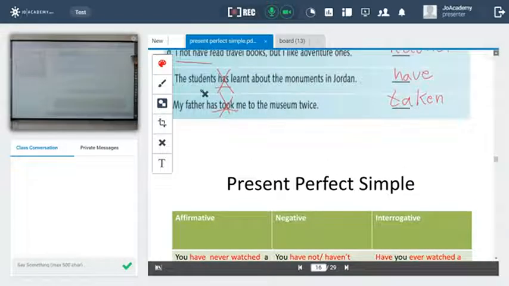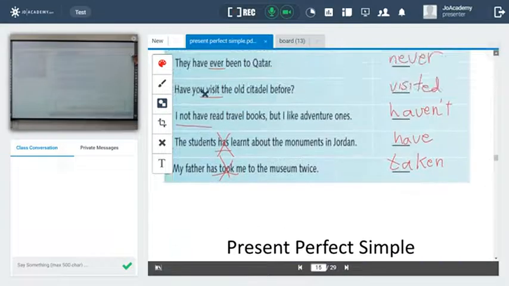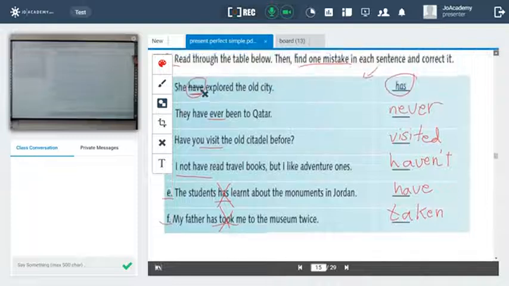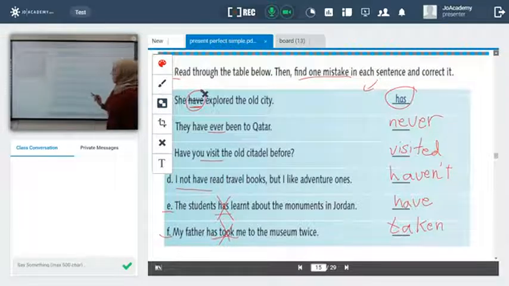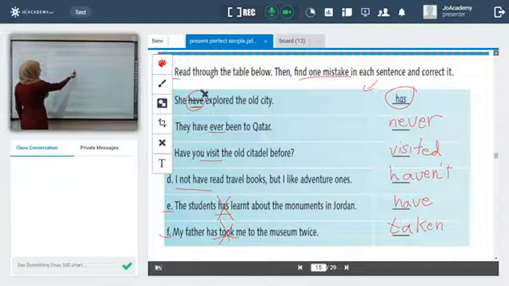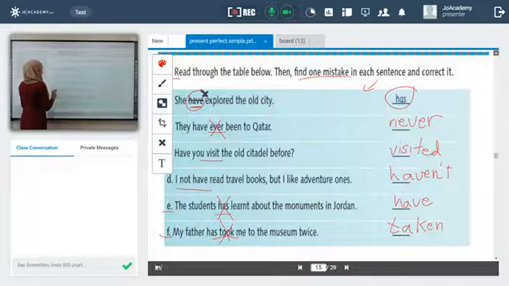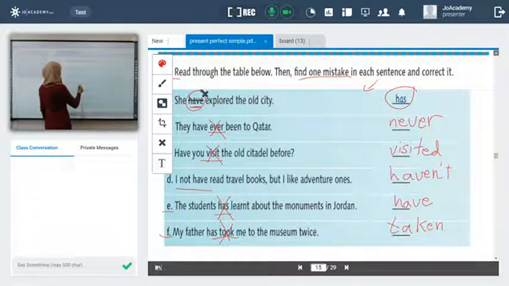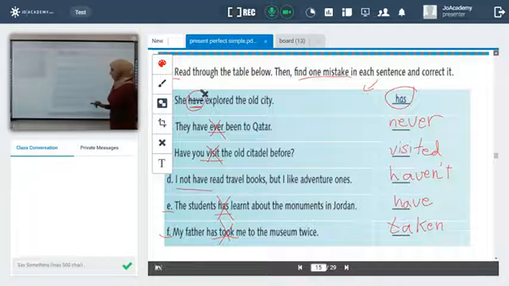So let's have a quick look again at the exercise and read it with the correct words. She has explored the old city. They have never been to Qatar. Have you visited the old citadel before?